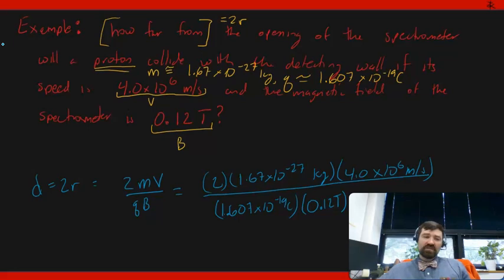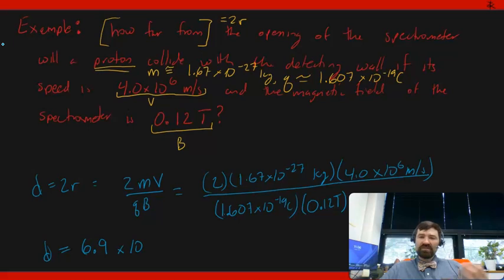That would give us 69.28. And then we've got the other powers of 10. So we'll call it 6.9 times 10 to the 1, times 10 to the minus 27.